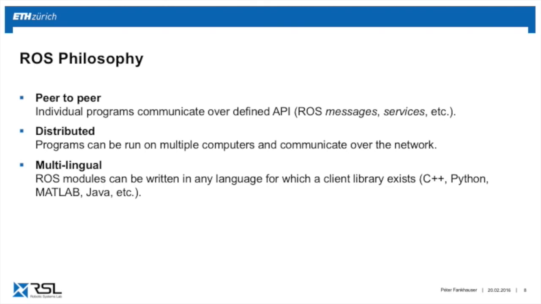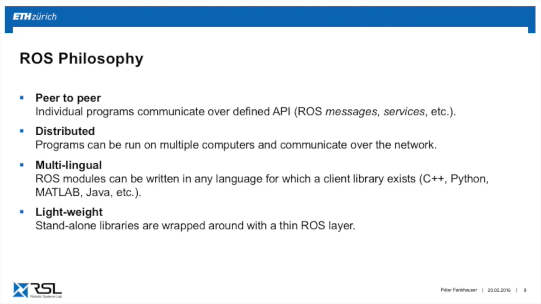It's multilingual, meaning you can use any of the existing languages which provide a ROS client library. We'll mainly work with C++ in this course, but there exist libraries for Python, MATLAB, and Java, and these can be mixed and matched. It's lightweight in the sense that ROS does not provide all the algorithms.